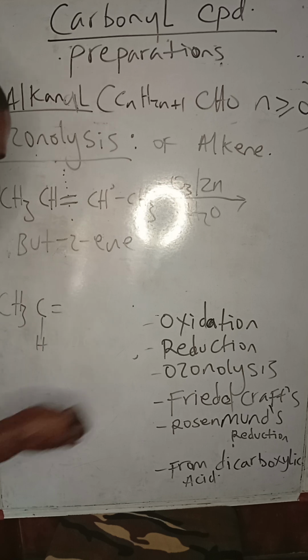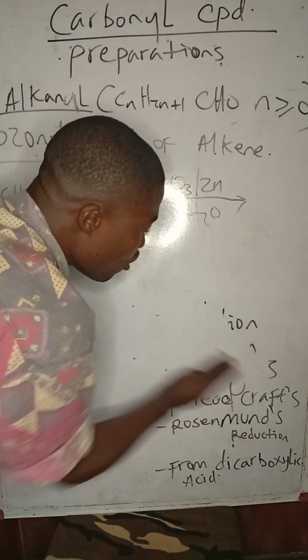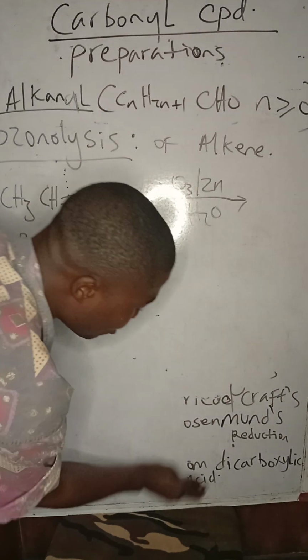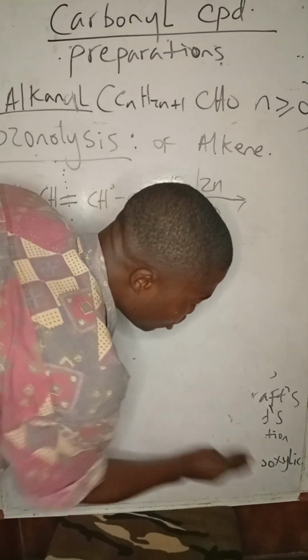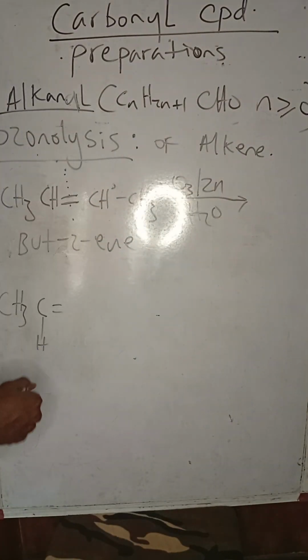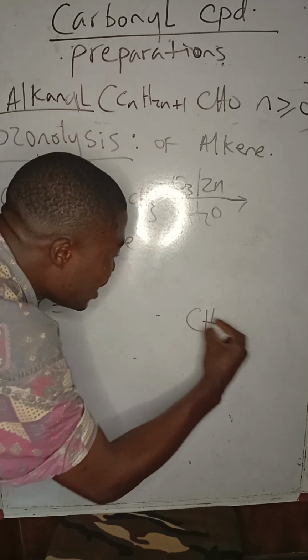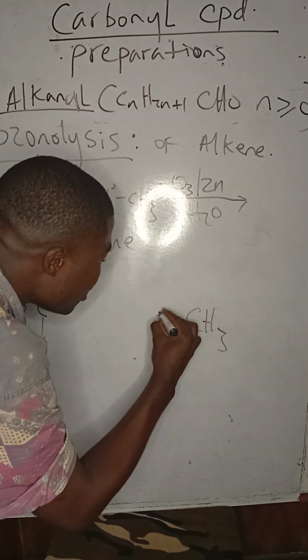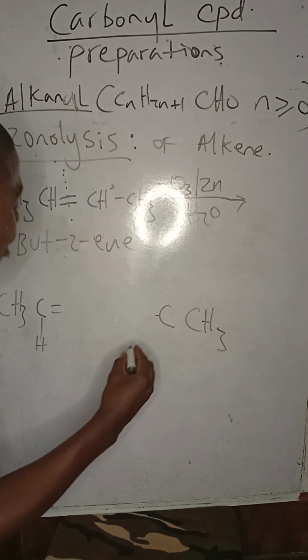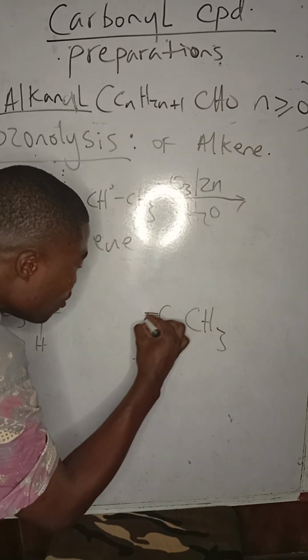Let's take this off. So we cleave it. You've cleaved this bond, so you should have on this side CH3C, as I like to write it, then it has H. Then leave the double bond also.